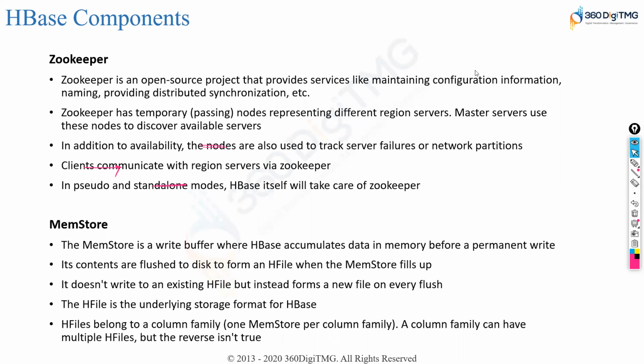That means you can have multiple H files for your column family. But within one H file, the physical location, you cannot have columns from different column families. So the data is physically also getting segregated in such a way that retrieval becomes easy.